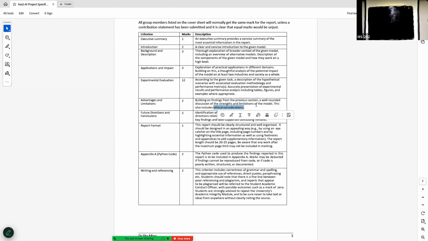Especially in industry, you can consider what you did in your assessment 1: what kind of ethical considerations or challenges they think about. As a big company with a very mature service, they have these kinds of concerns. It will definitely assist your application, so please include it as well.